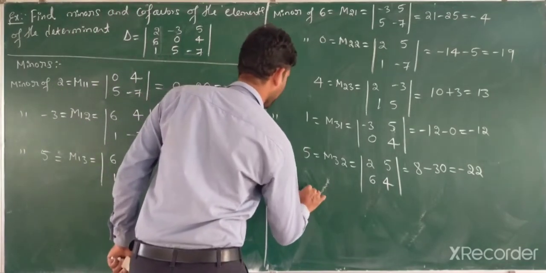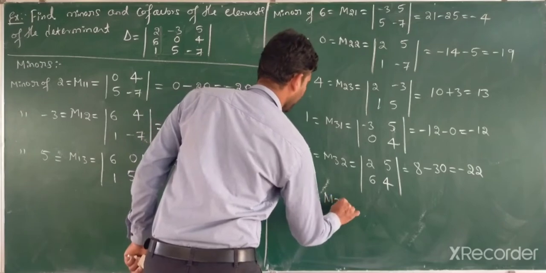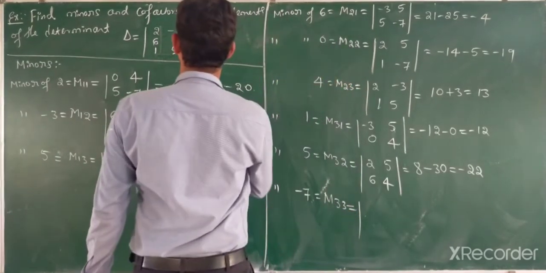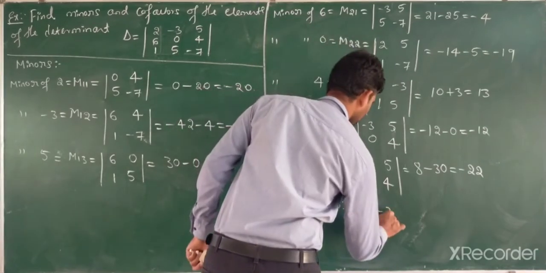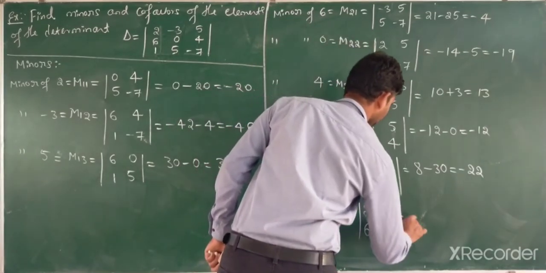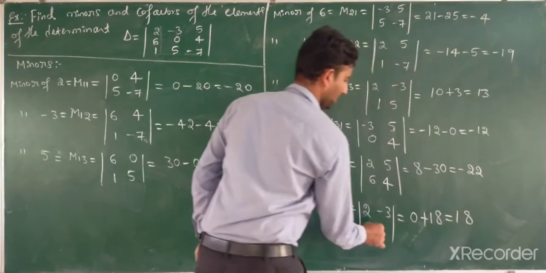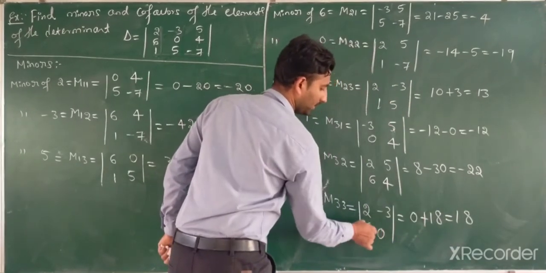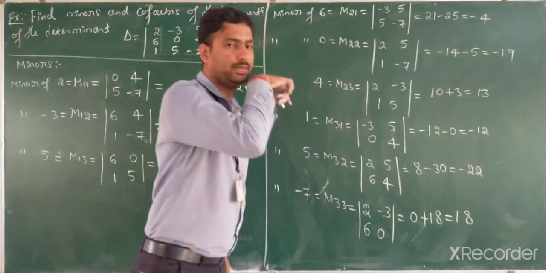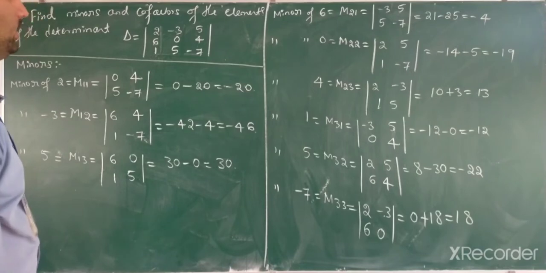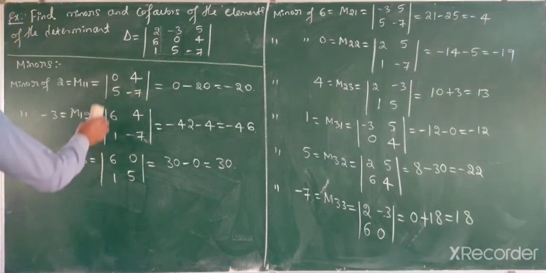Minor of minus 7, M33: 2 minus 3, 6 0, which is 0 plus 18, which is equal to 18. 2 into 0 is 0, 6 into minus 3 is minus 18, minus of minus becomes plus 18. These are some minors. After that, cofactors.